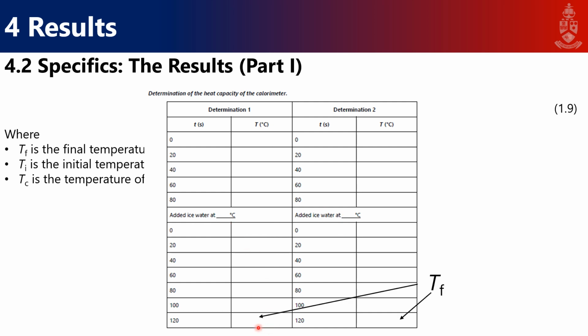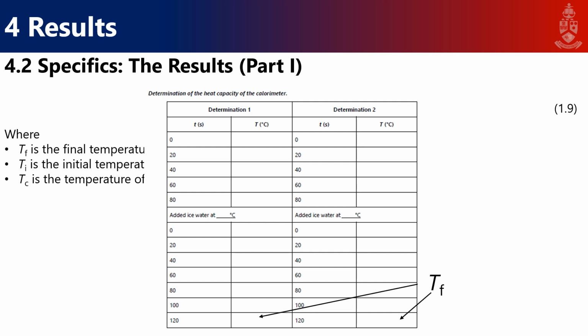And your final temperatures are the ones after you've allowed the system to equilibrate. I hope this gives you a good idea of where to find these values and where to plug them into equation 1.9. That then gives us our heat capacity.